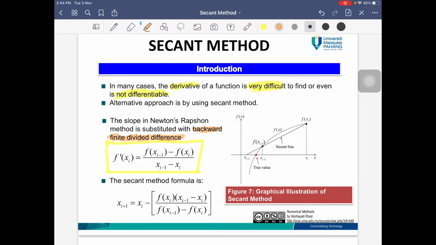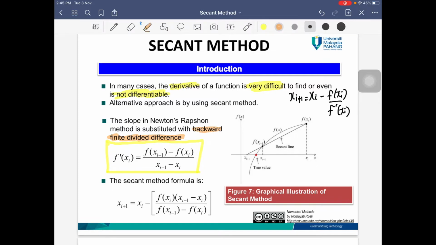Previously, we have x i plus 1 equal to x i minus f x i over f prime x i from Newton.